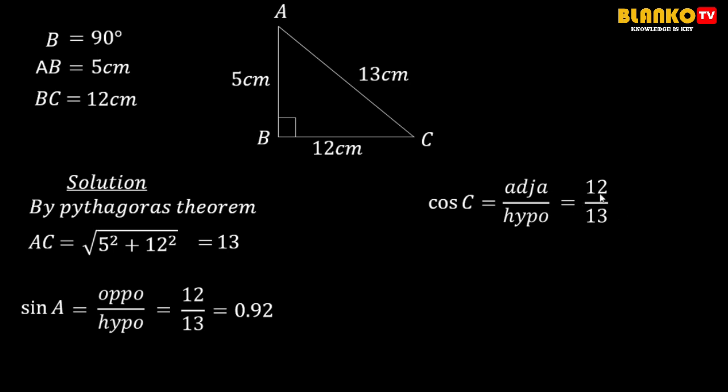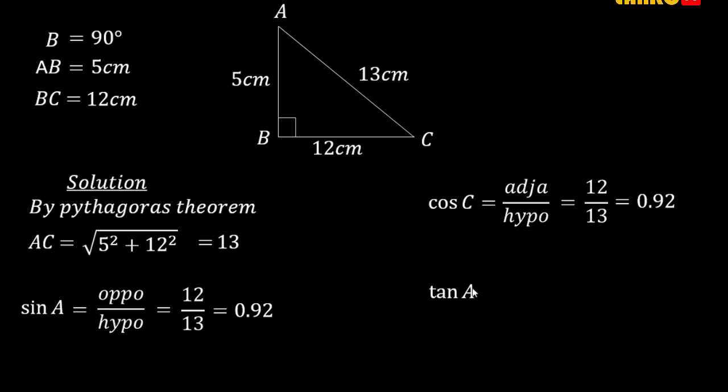When you divide 12 by 13, we get 0.92. So cos C is equal to 0.92.